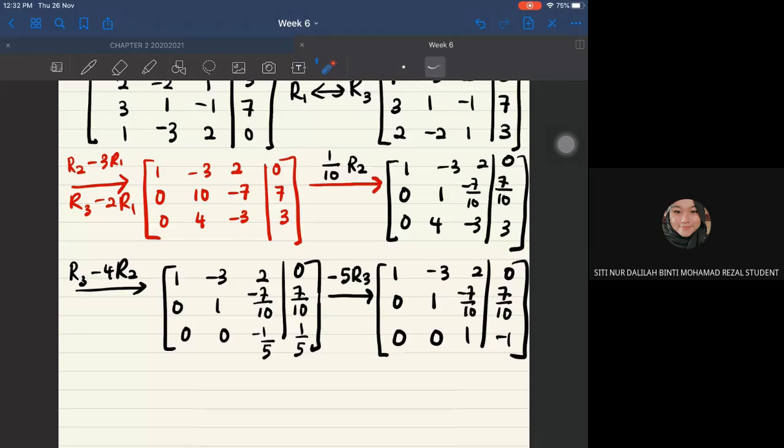For this case, you will have a unique solution. Because for no solution, here must be zero. For many solutions, both of these must be zero. So how do we start?